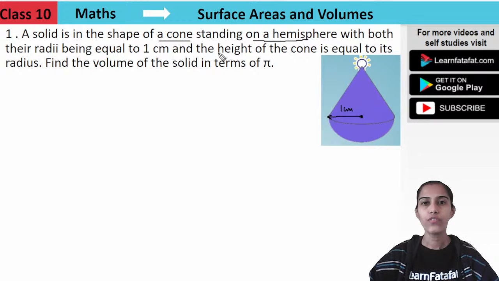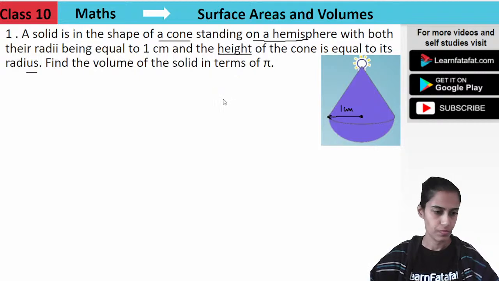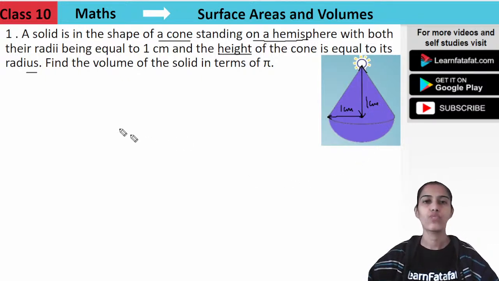And the height of the cone is equal to its radius. तो अगर cone का radius 1 centimeter है, so they are telling us that the height of the cone will also be 1 centimeter.